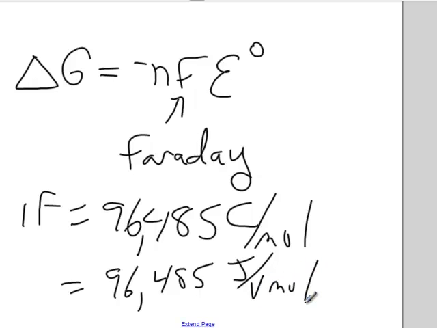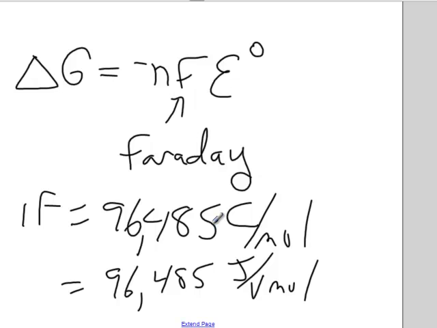It's a joule per volt. If you actually look on the list of values that the AP test gives you, they write this as 96,500. Your book will say 96,485. That's just a significant figures thing.